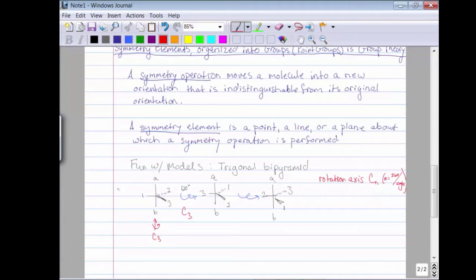The identity is called E, and that's basically doing nothing to the molecule. So if I rotated a third time by 120 degrees, I'd be at E. So in total here, we have one C3 axis, which is the element, and we have 2 C3 operations.